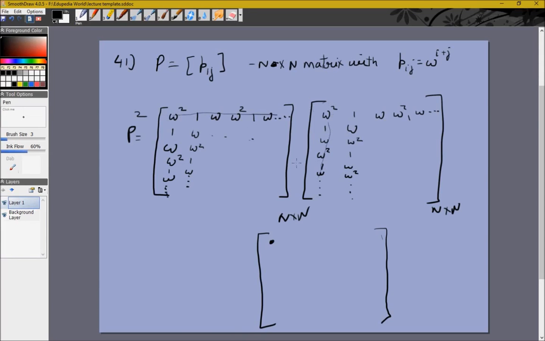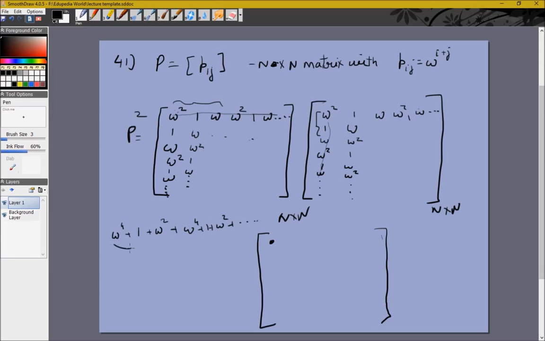What is that? Omega squared into omega squared is omega to the power 4, plus 1 into 1 is 1, plus omega into omega is omega squared, plus, and now the terms keep on repeating, omega squared, 1, omega, this triplet keeps on repeating, and here also this triplet keeps on repeating. So plus omega to the power 4, plus 1, plus omega squared, plus this same triplet again and again.